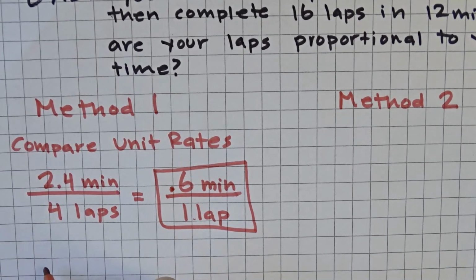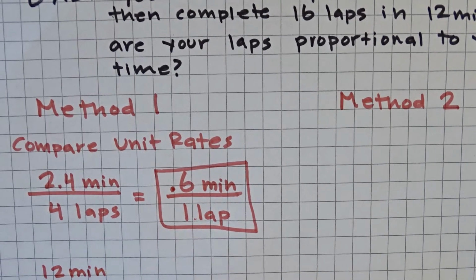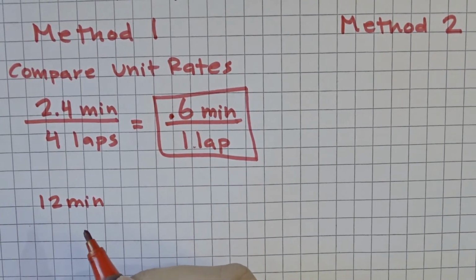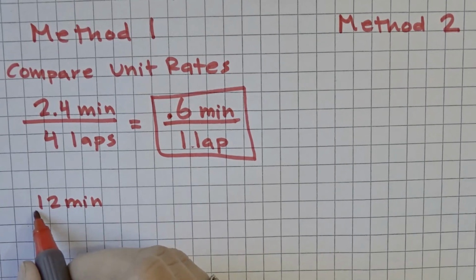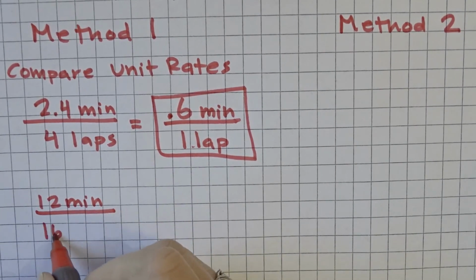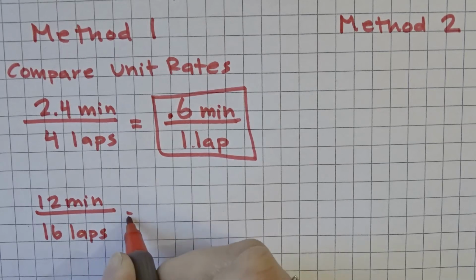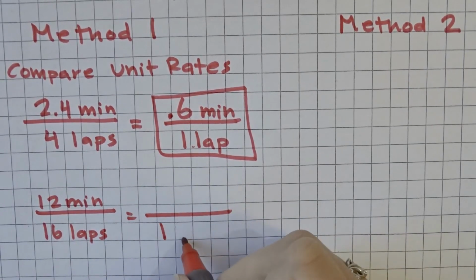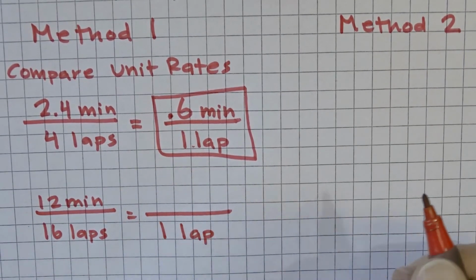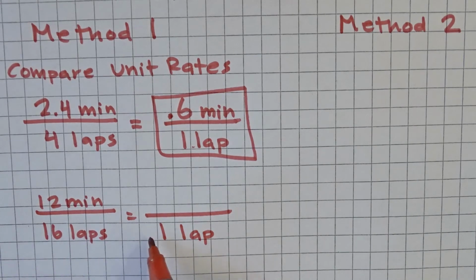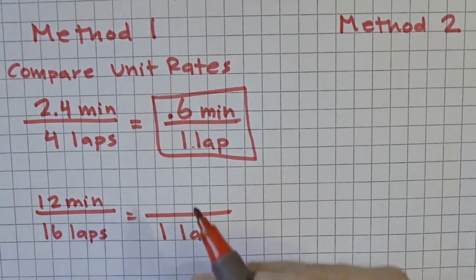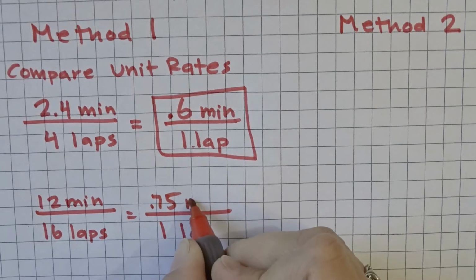And then the other one, I did 12 minutes, and that was for 16 laps. What was my speed for that one? How long did it take me to do 1 lap? So the rate would be divided by 16, divided by 16, 0.75.